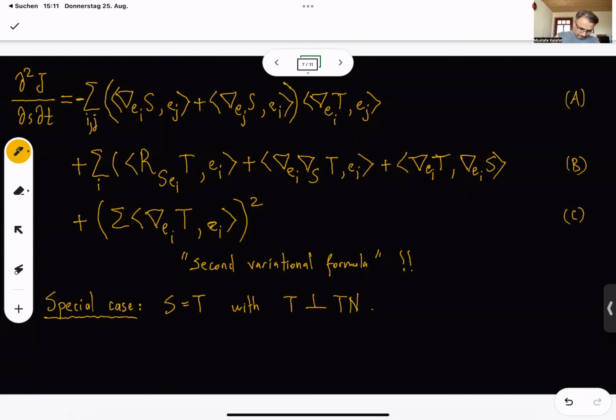So next time we're going to see the instance of the second fundamental form, Ricci curvature, and covariant derivative terms in the expression.